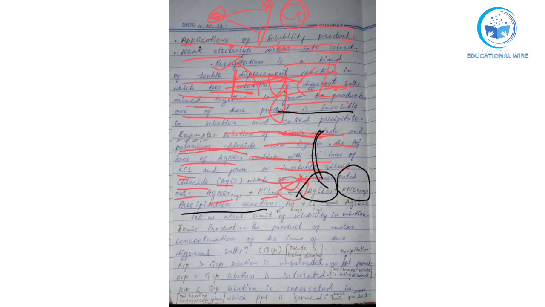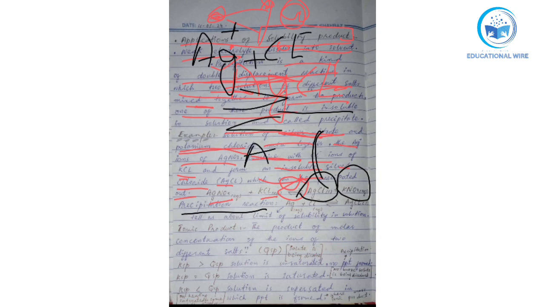So we take Ag and Cl, do the reaction, and it gives AgCl, which is insoluble.